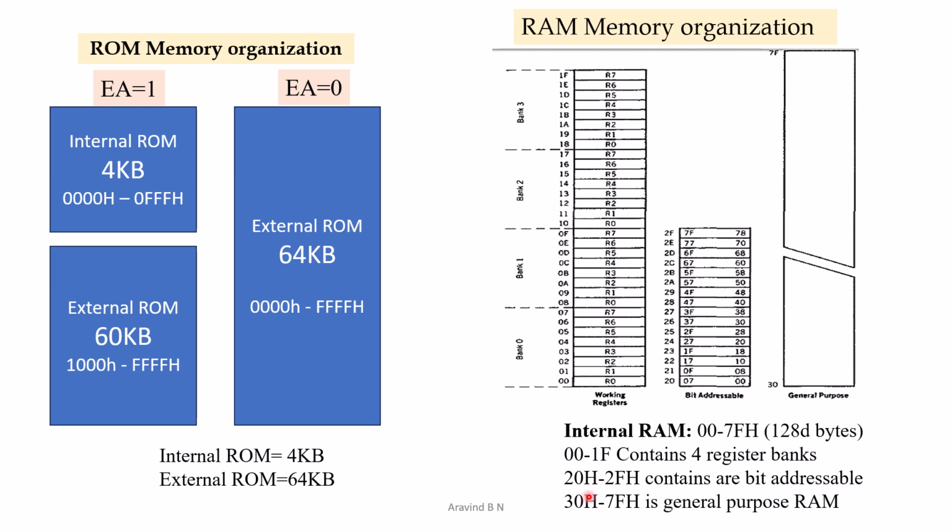Continuing, 20H to 2FH is another set where all locations are bit addressable. Continuing, 30H to 7FH is the general purpose RAM memory location. You have to make a brief explanation along with this diagram.